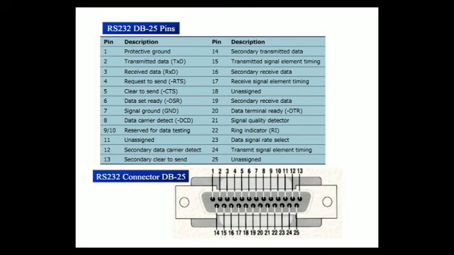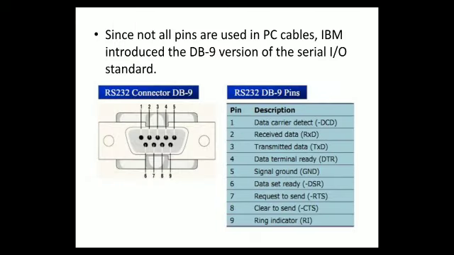The DB25 was reduced, and the new RS-232 had only 9 pins. Out of 25 they took only the 9 very essential pins, and they called it DB9, which I'll show in the next slide. The DB9 version of serial communication had 5 pins in the top row and 4 pins in the bottom row.